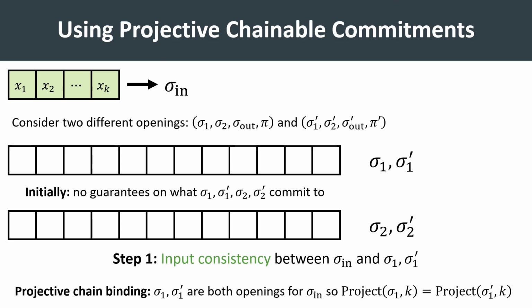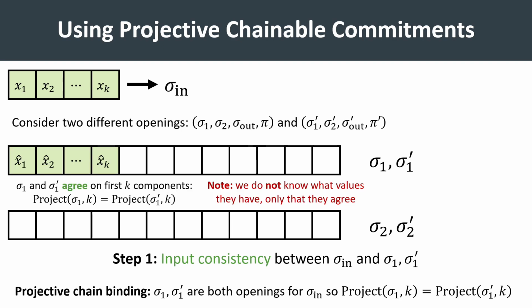Right? So this corresponds to a chain binding property. Certainly, the input commitment agrees with itself, then the projected outputs must also agree. So projected outputs agreeing means that if I project sigma 1 and sigma 1 prime to the first k components, they will agree. So now I've established that sigma 1 and sigma 1 prime agree on the first k components.